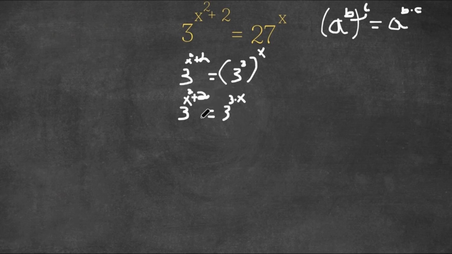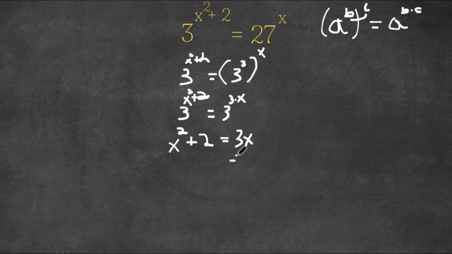Now remember, if you have the same bases, now that we do, we can simply ignore the bases and make the two exponents equal to each other, because if the two bases are the same, then so do the exponents, right? Or else this equation wouldn't be true. So now we have our equation x squared plus 2 is equal to 3 times x, which is 3x.